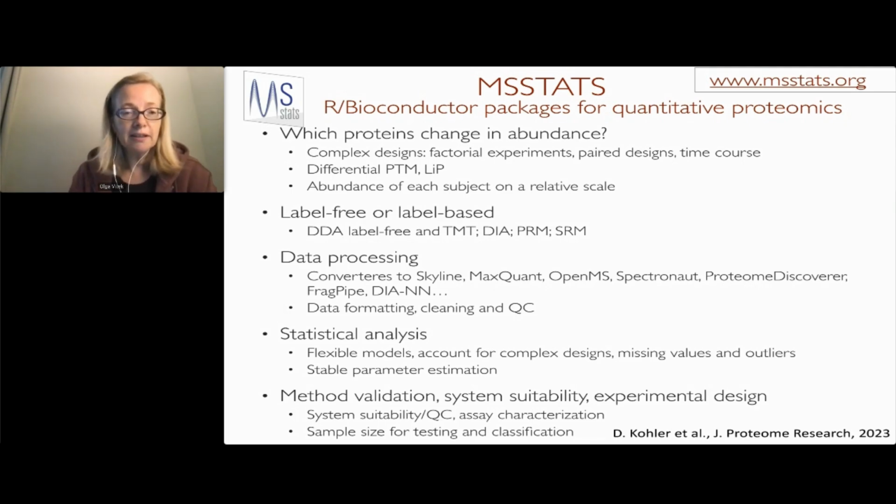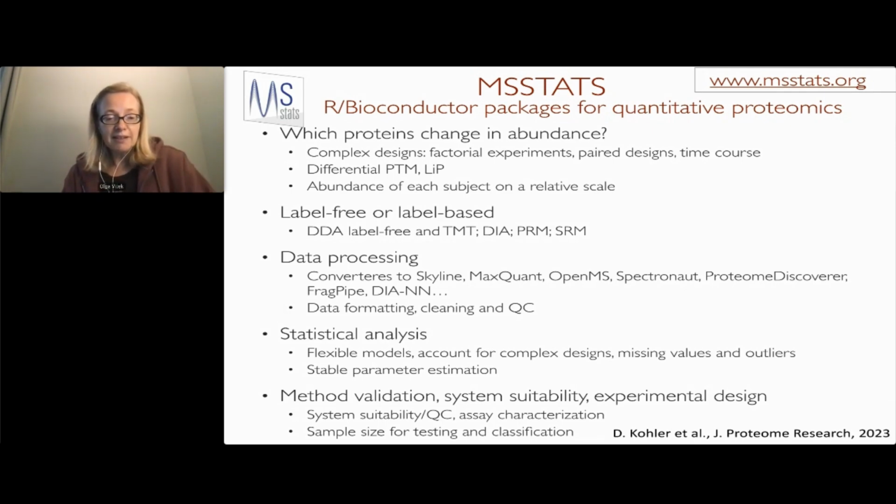Once the data are acquired, the first step in the analysis is to identify the peptide ions which generated the peaks and map them to protein sequences, and also map them between the runs. These are fairly complex procedures, and in MS-Stats we do not do that. Instead, we work with other scientists and developers of tools which do this work.